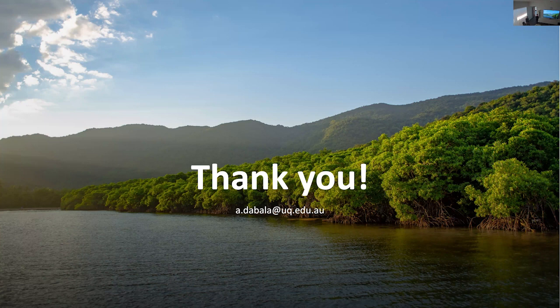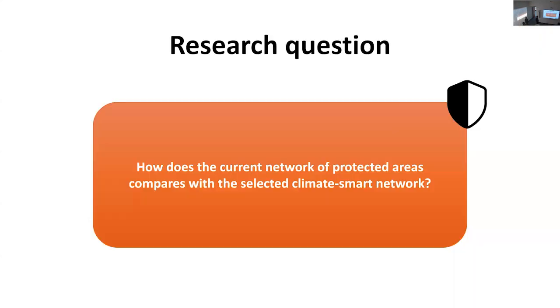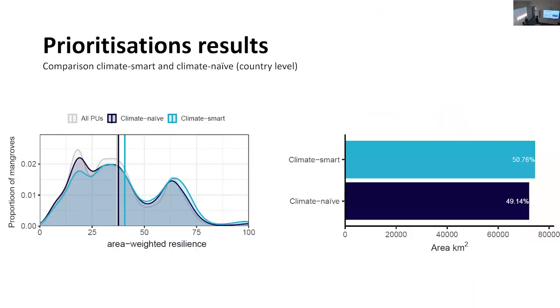Yes, I would have a question. What variables did you use to predict your climate resilient or climate smart areas? I didn't run all the models, I don't know if you mentioned that or not. It was Christina that did all of that.